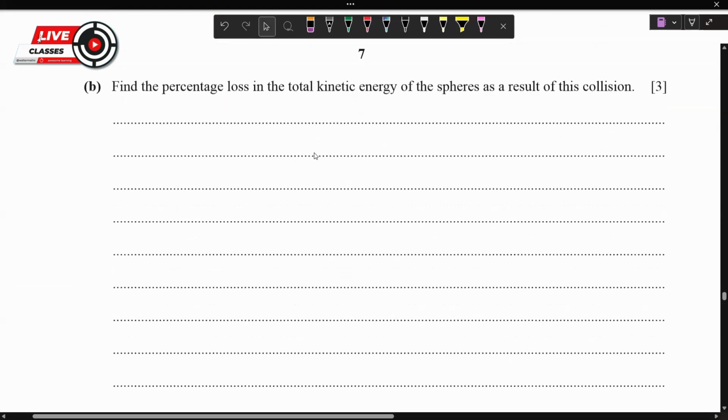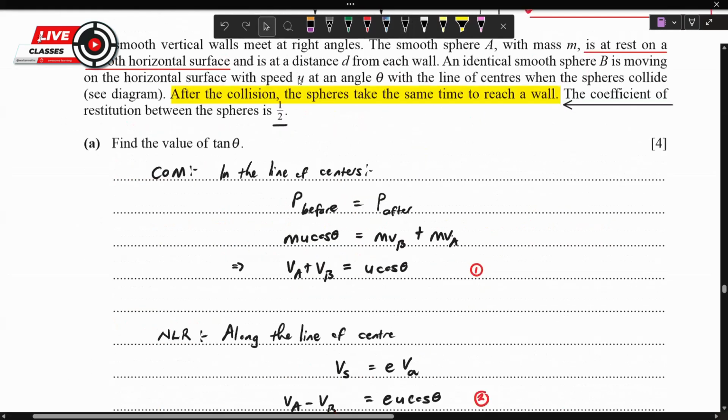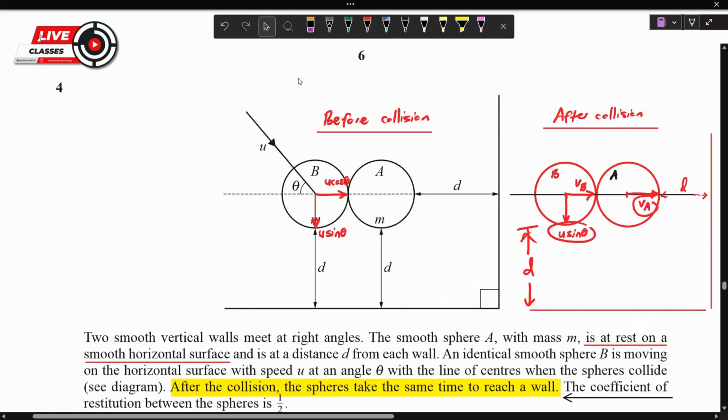Part B says, find the percentage loss in the total kinetic energy of the spheres as a result of the collision. All right. So let's start by finding the initial kinetic energy. Before collision, it was only sphere B that was moving with the speed u.